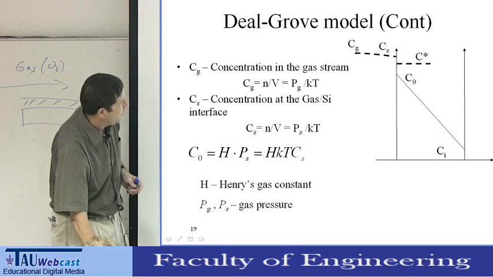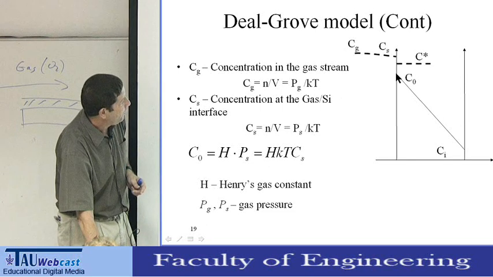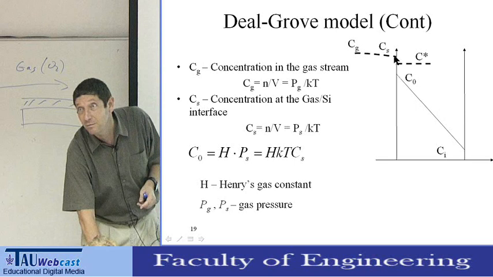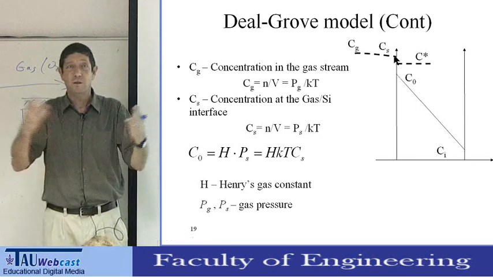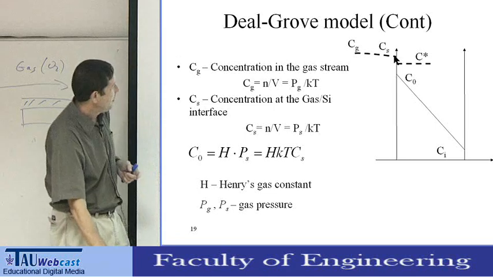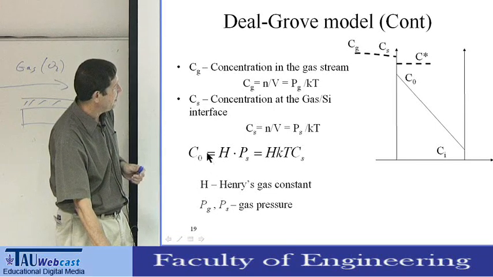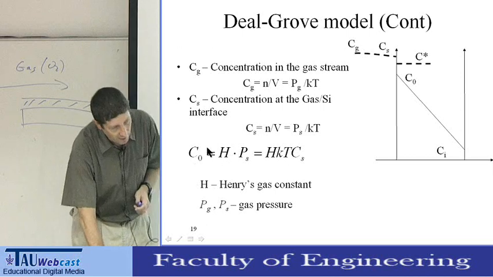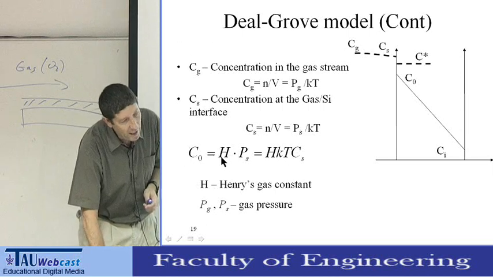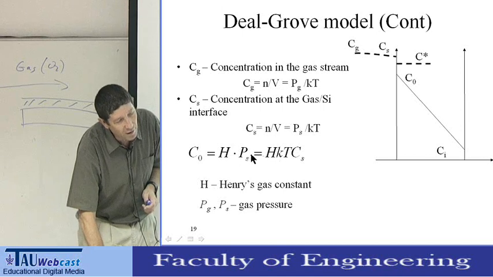Henry's law means the concentration of the atoms in the solid is proportional to the pressure in the gas. The higher the pressure, the higher the concentration. This law states that C0 is H, Henry's constant, times the pressure at the surface, or according to the gas law, HkT times Cg.